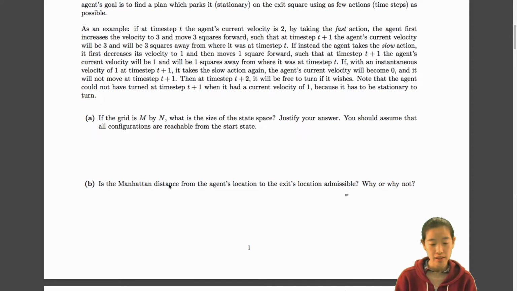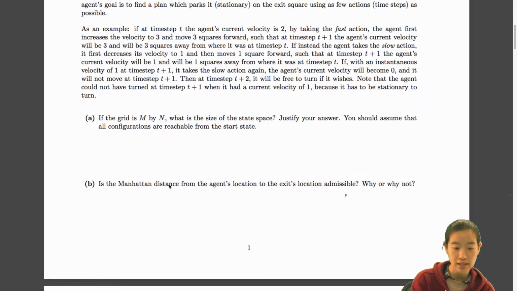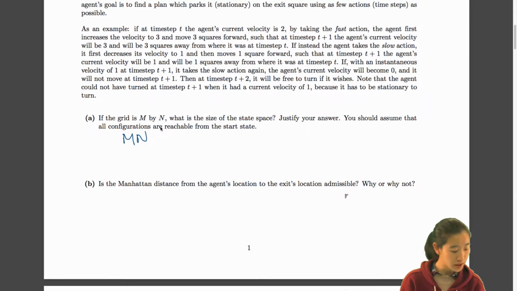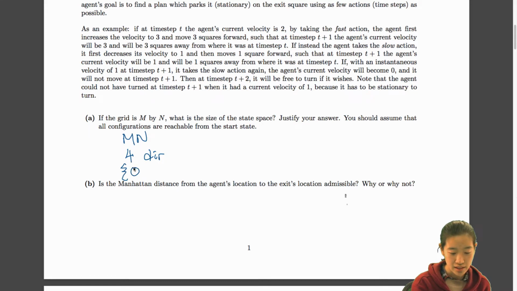We know that there are n by n possible positions that it can be in. And then we also know that it can face 4 directions. We also know that it has a lot of possible speeds that it can be at. And what are they? They're 0 all the way to Vmax.